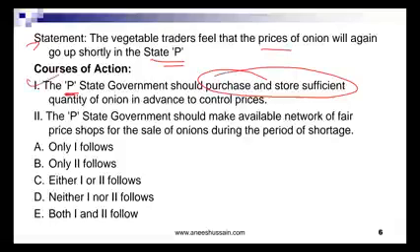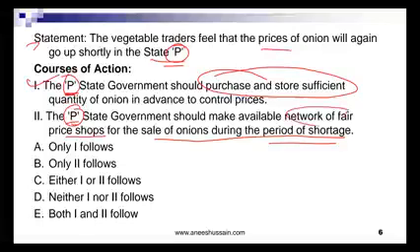That makes sense. So the first statement is done. The second statement says the P state government should make available a network of fair price shops for the sale of onions during the period of shortage. So where there is a shortage and prices increase, the government should make sure that they have a network to facilitate and make onion available at those shops, where the prices are going to be fair and not increased.